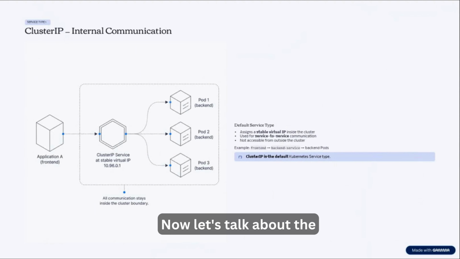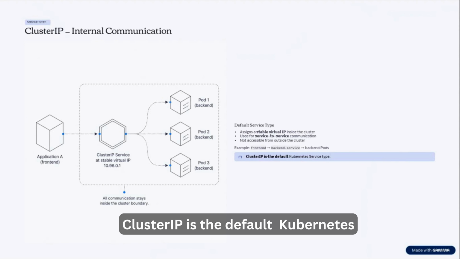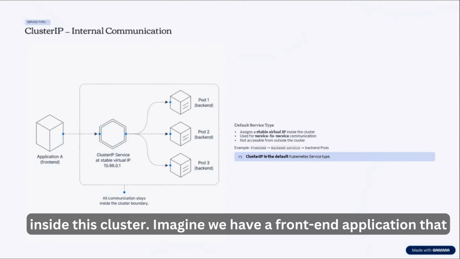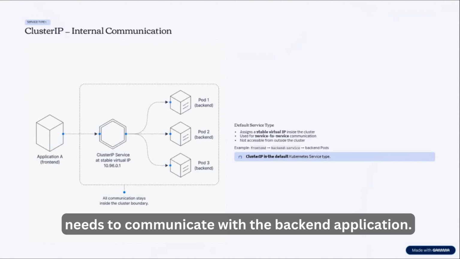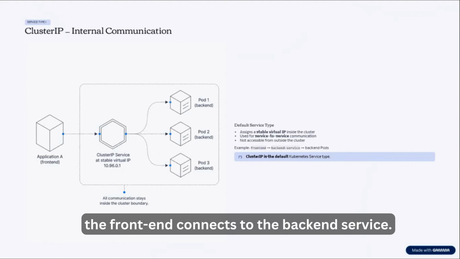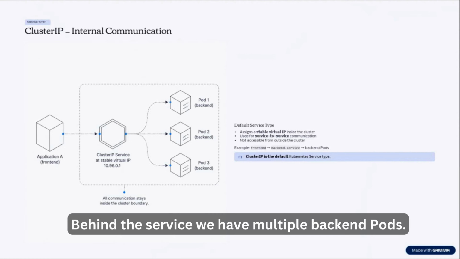Now let's talk about the first and most common service type, that is ClusterIP. ClusterIP is the default Kubernetes service type. Its main purpose is internal communication inside the cluster. Imagine we have a front-end application that needs to communicate with the back-end application. Instead of connecting directly to individual back-end pods, the front end connects to the back-end service. That service has a stable virtual IP address. Behind the service, we have multiple back-end pods.